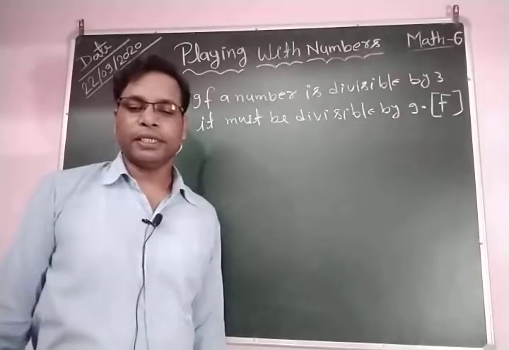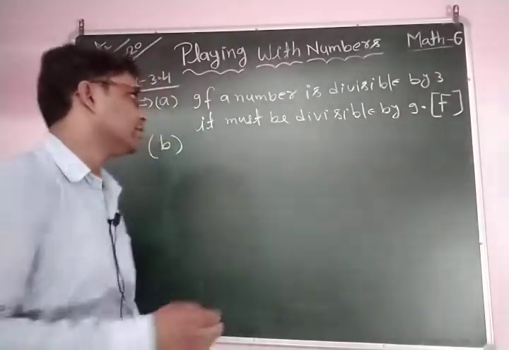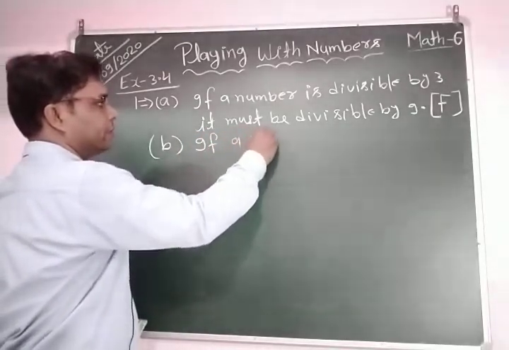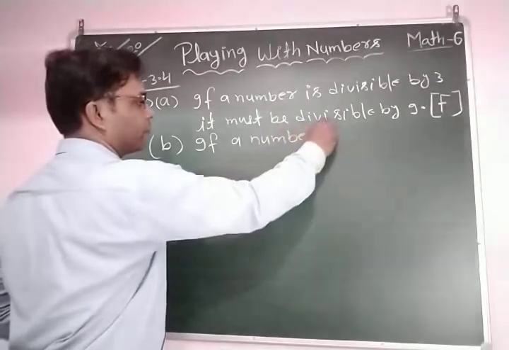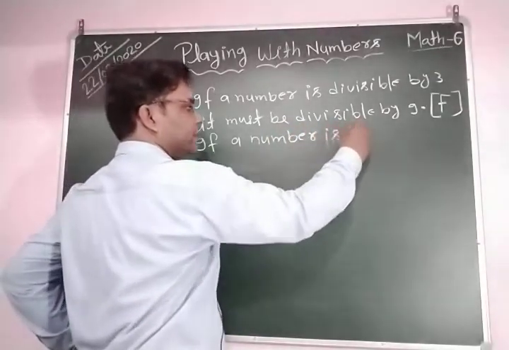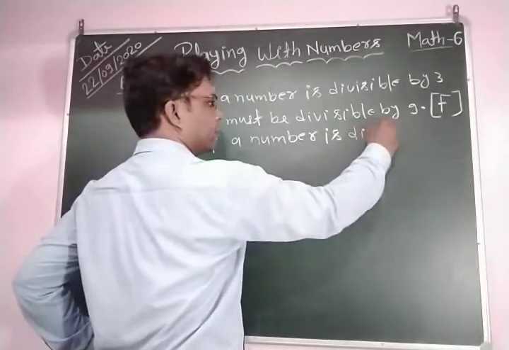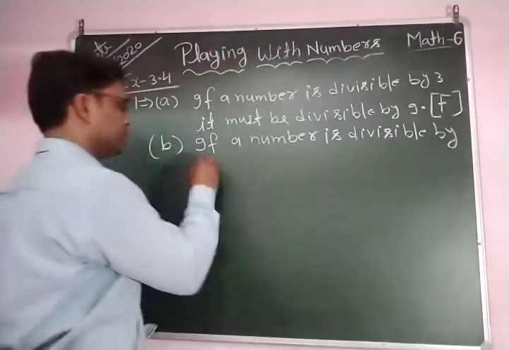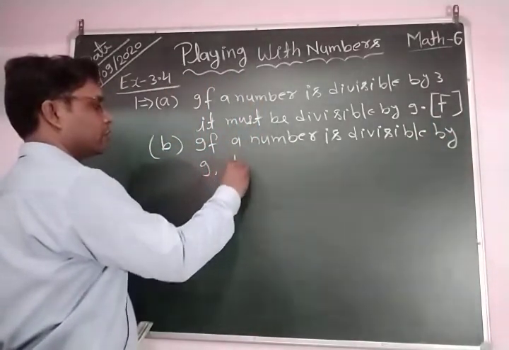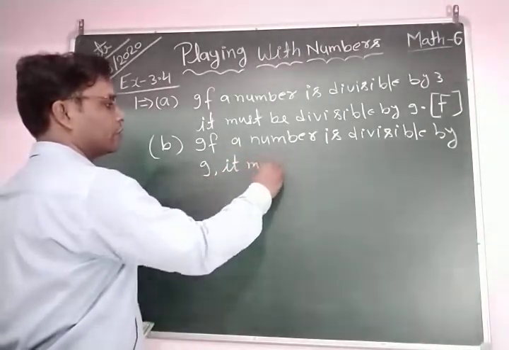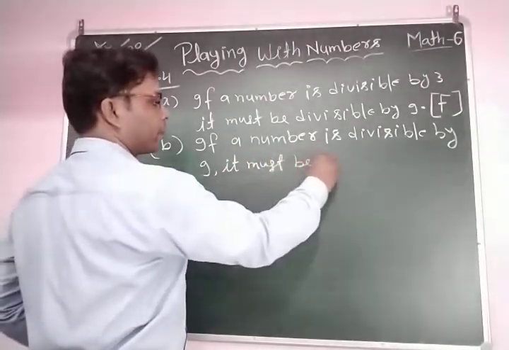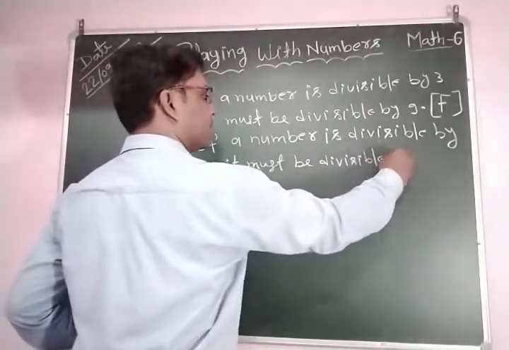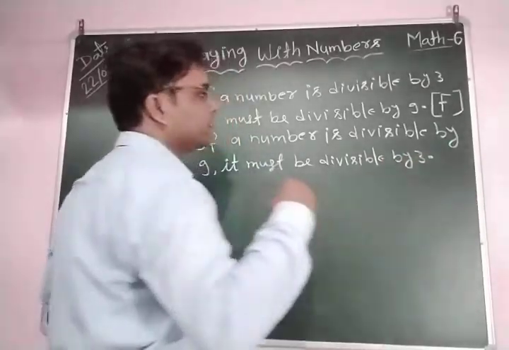If a number is divisible by 9, it must be divisible by 3. Here this is a true statement.